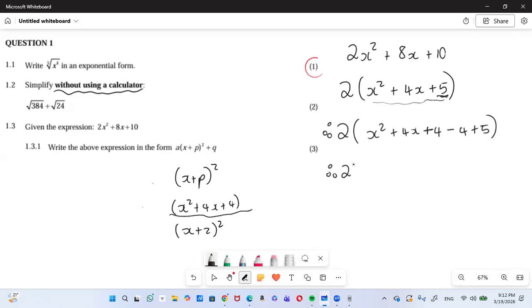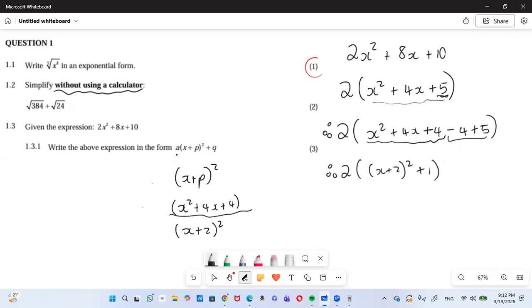And then now, finally, we're going to have 2. Then we can rewrite this here as x plus 2 squared. And then that side we have minus 4 plus 5 is going to give us how much? Plus 1, right? Yeah, plus 1. And then now finally we're getting closer.